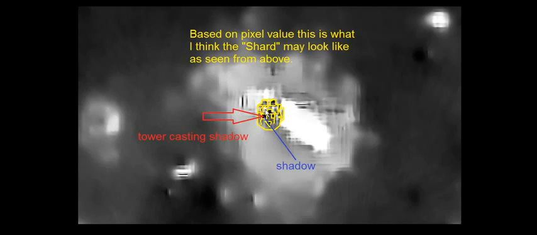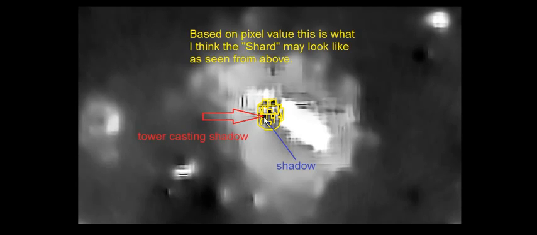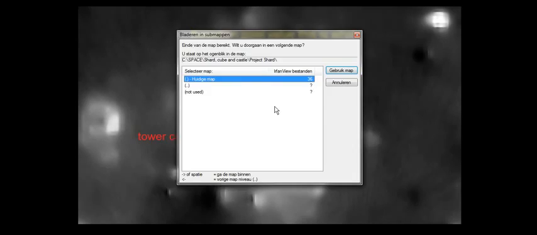Let's go back one. This very dark area could be a tower, and it exactly matches the line of the shadow. So could this be the tower that casts the shadow, and this is a construction below the tower? But as I said, it's only a guess because I have no idea what we're looking at.